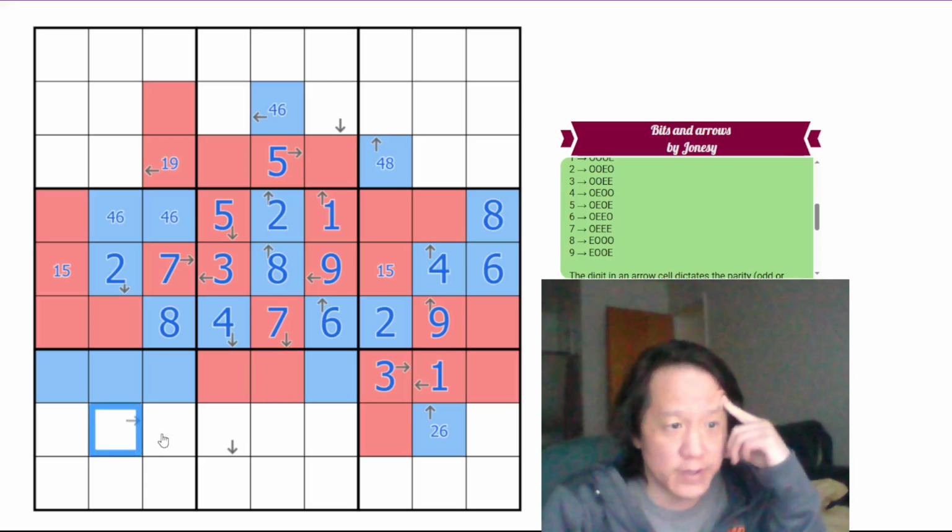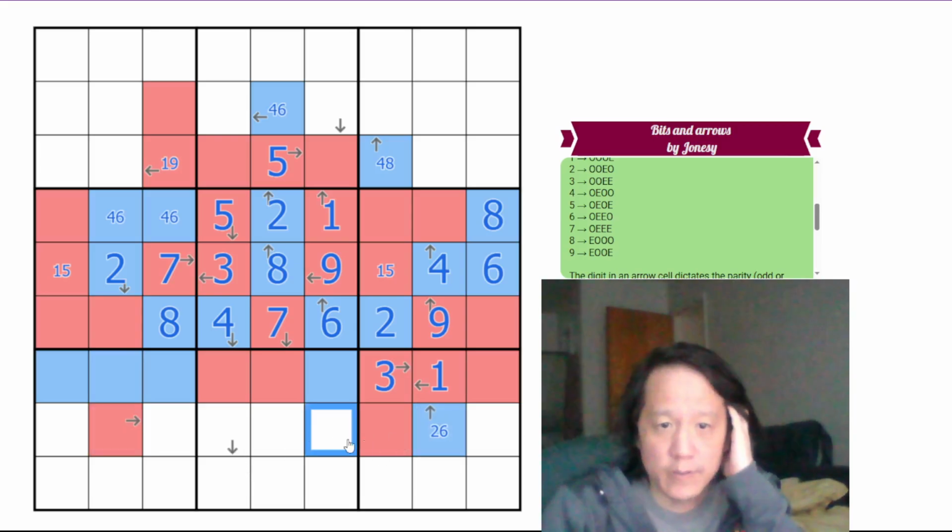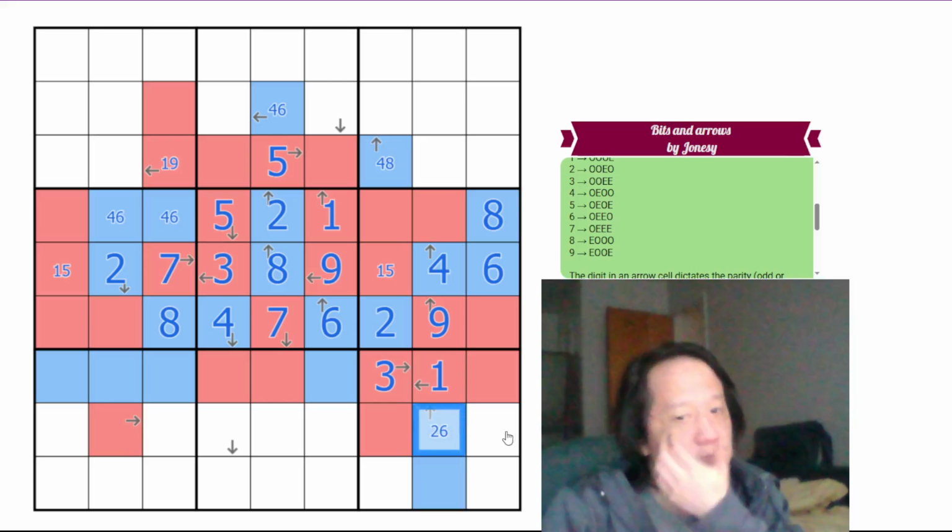This cell then must end in an even bit. So this must be an odd cell. 2 or 6. So it's either even, even, odd, or odd, even, odd. So this is even no matter what.